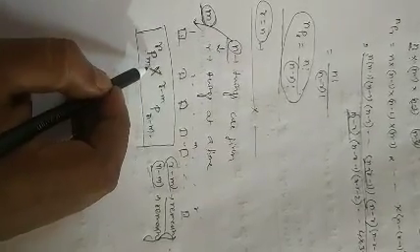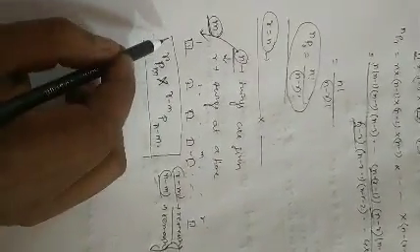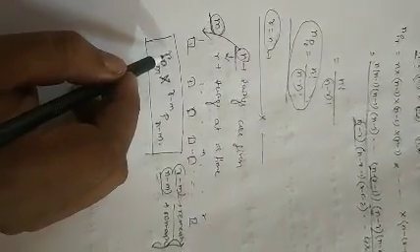Hence the total number of permutations of n different things taken r at a time, of which m particular things are always included, is this.